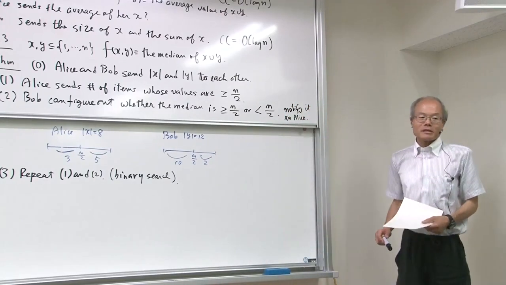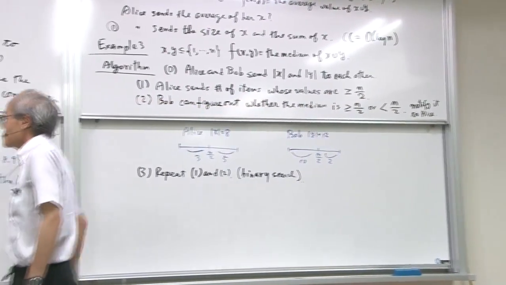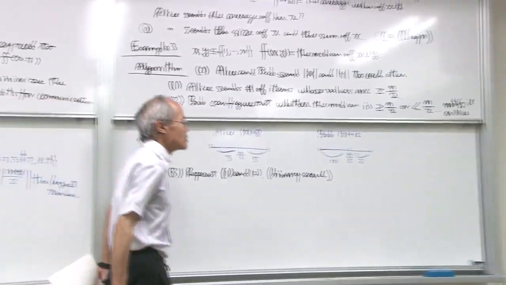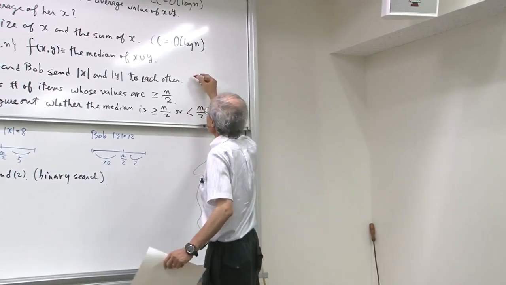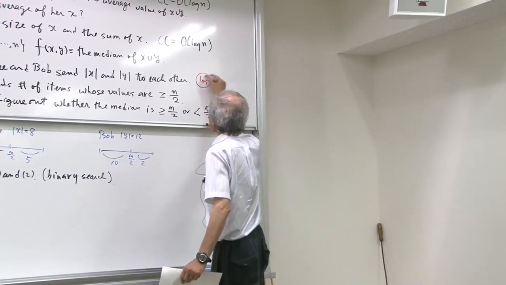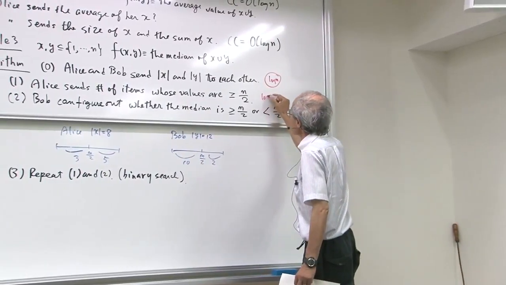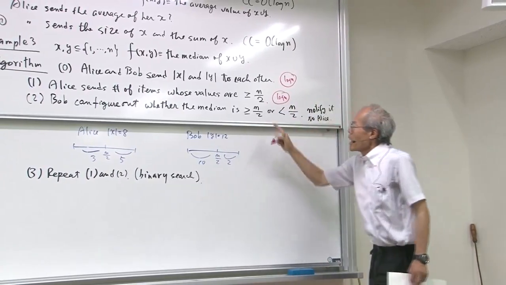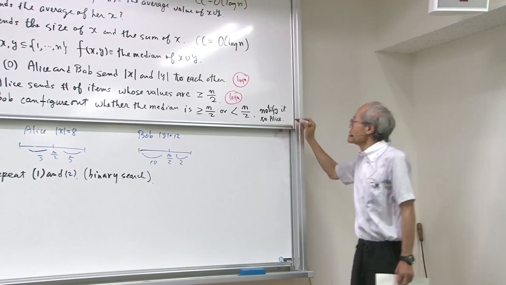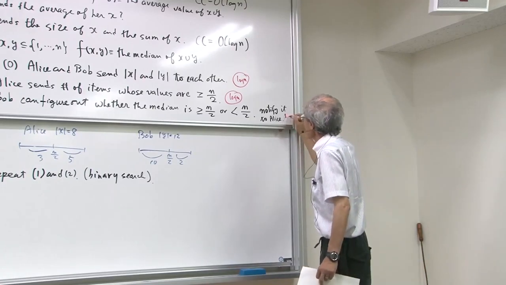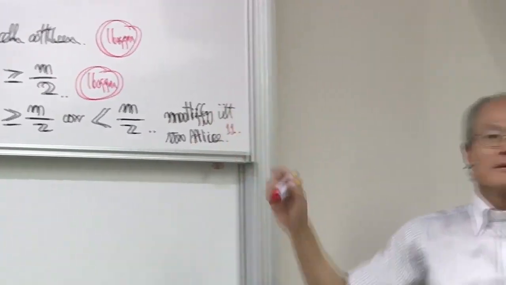So what is the communication complexity? First, log n bits, and this is also log n bits. Oh, this is just a single bit, the notification to Alice is just a single bit. And how many rounds do you need to repeat?